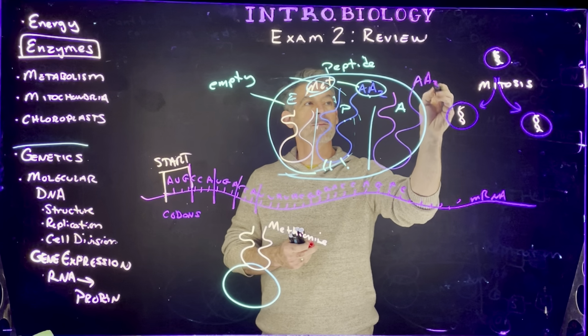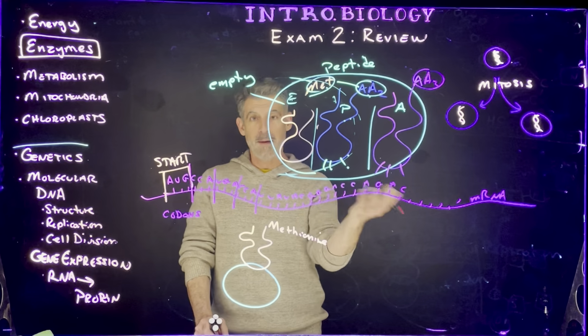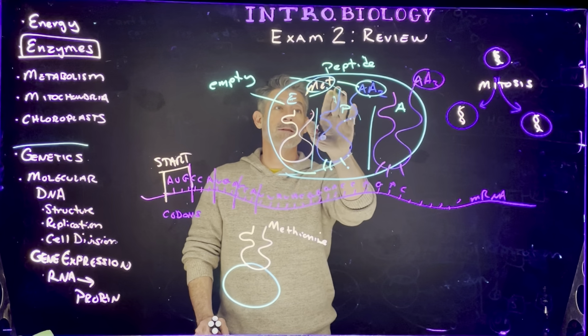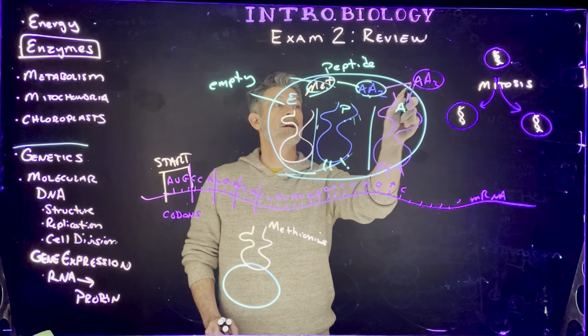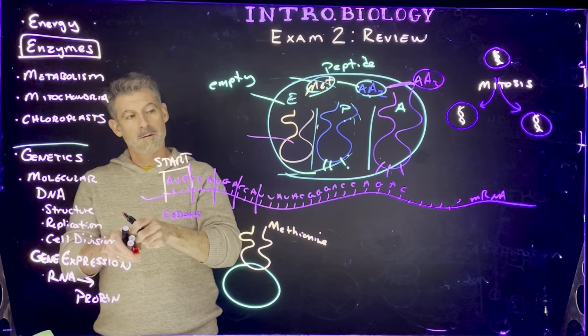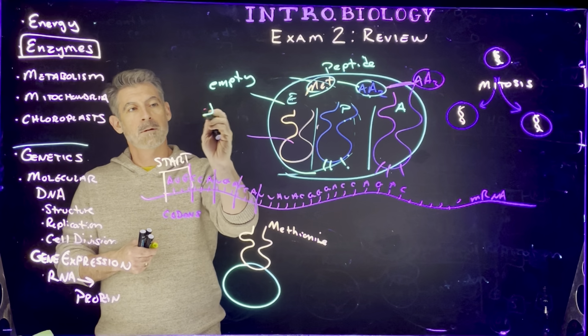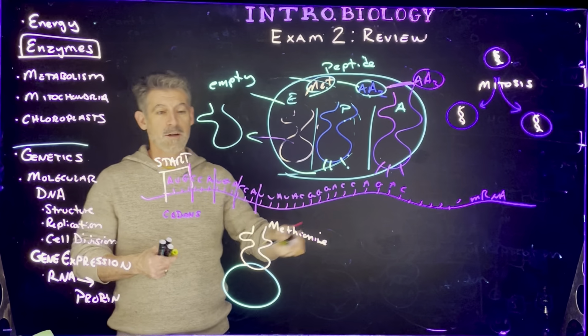So like amino acid number 3 comes in, it'll read this anticodon. If it matches up, then it says, oh yes, and then the large subunit breaks the bonds here, makes a new bond there. The empty transfer RNA gets kicked out, and the whole thing just kind of shifts, and it just reads.